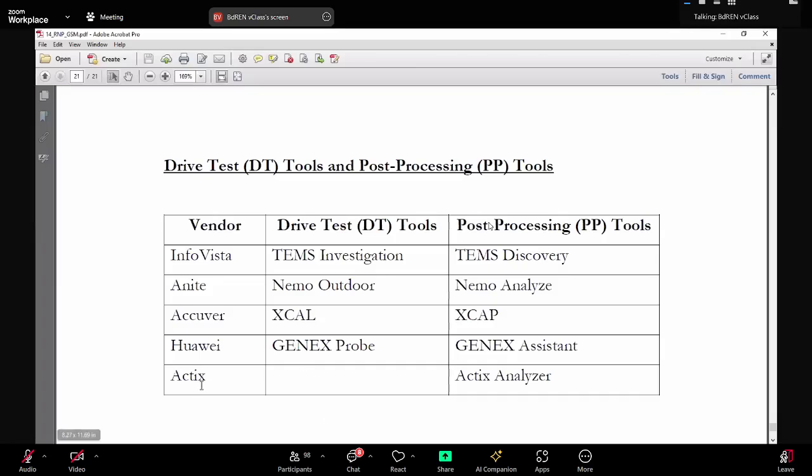And the last one, Actix, has only post-processing tools, and it supports the data from all these four drive test tools. Okay, but Nemo Analyze can post-process only the data collected by Nemo Outdoor. Similarly, XCAP can only post-process the data collected by XCal. Now, in our lab, we have purchased XCal, and inshallah, we'll have an interesting demonstration later using XCal.